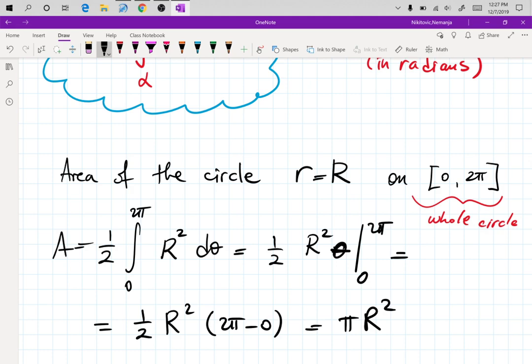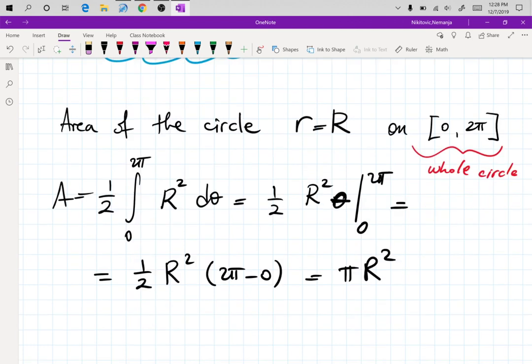Theta is a variable. So you just copy it. If you want, you can kick this r squared outside of the integral. It's not a variable, it's a constant. It only matters if there's a theta in line with your equation. That's the next example.